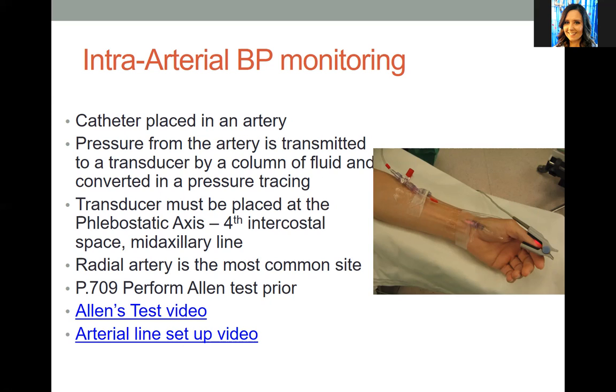There are some complications, maybe ischemia to that limb or digit, so our fingers distally. Maybe a hematoma forms around it, an arterial dissection where that artery actually tears, maybe an air embolism from air being introduced through the system, possibly infection because we are going through that first line of defense, maybe pain, maybe an arteriospasm, so that artery may spasm and clamp down.